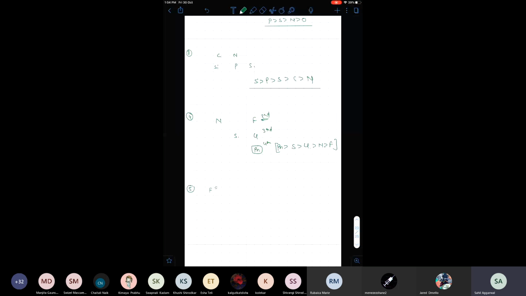Fifth, F minus, Na plus, Mg2 plus and aluminium. Are they isoelectronic?